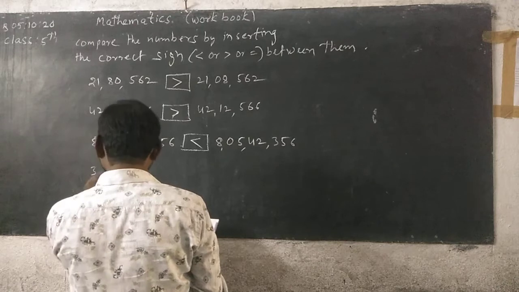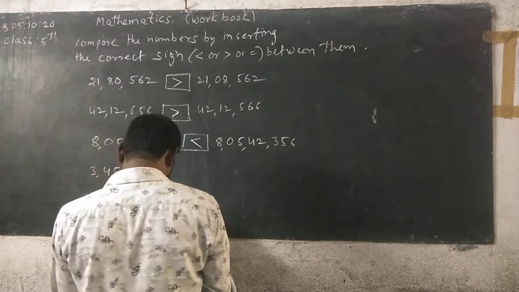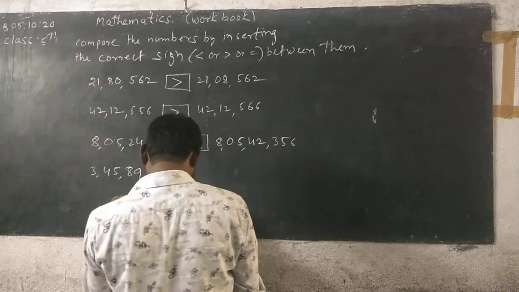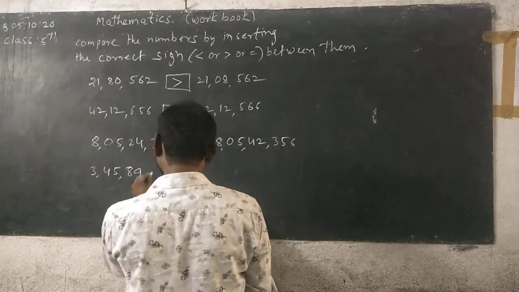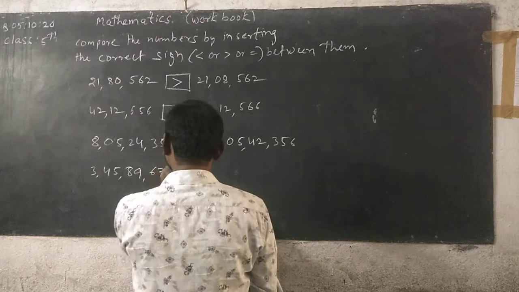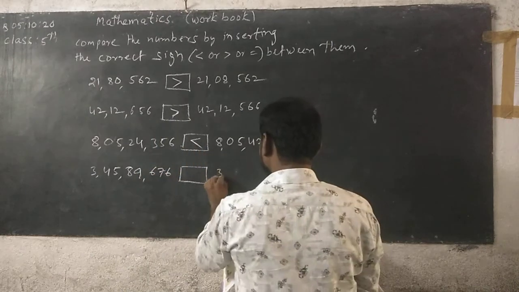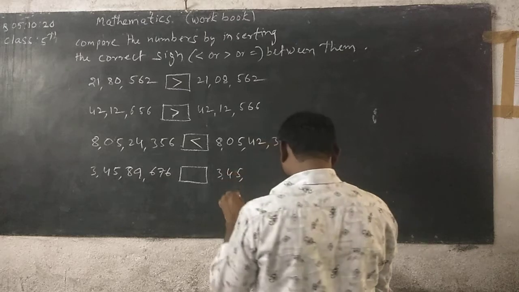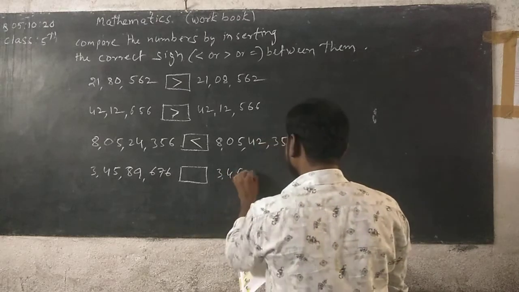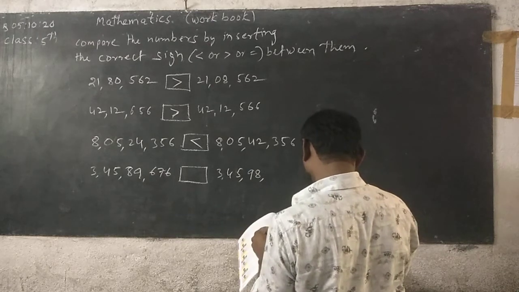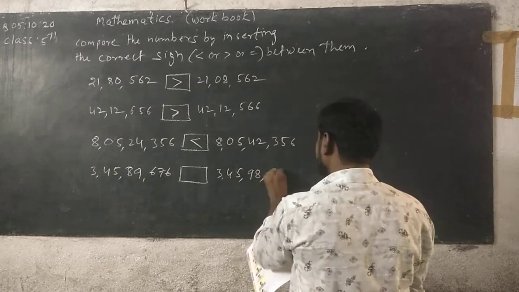Now next, 3 crore 45 lakh 89,676 and 3 crore 45 lakh 98,676.